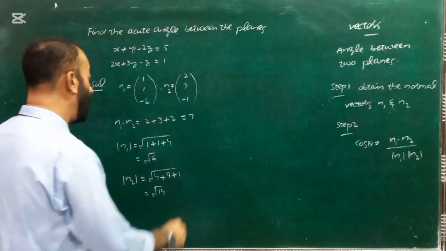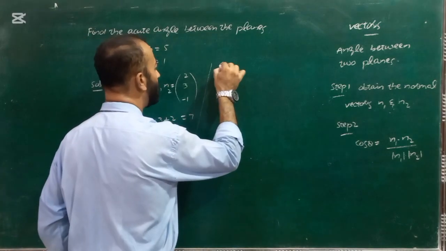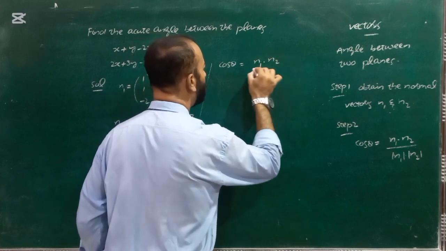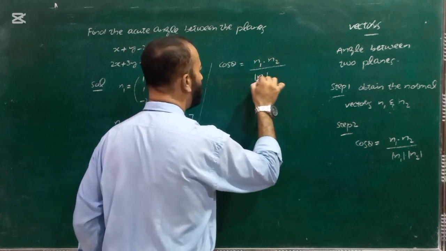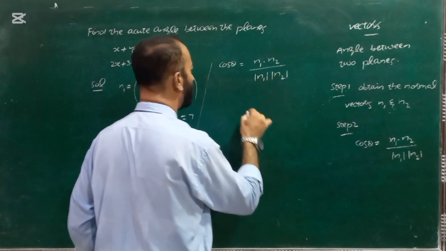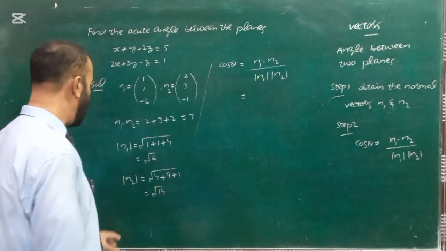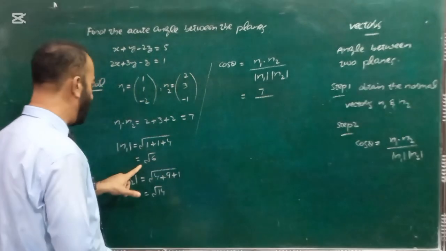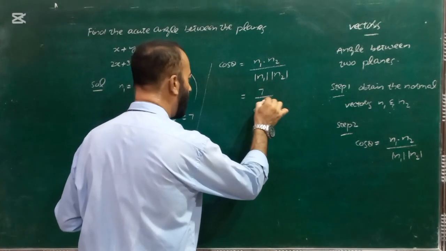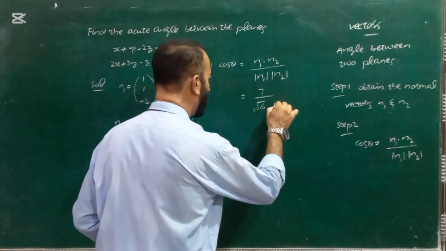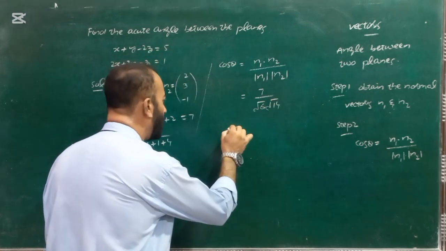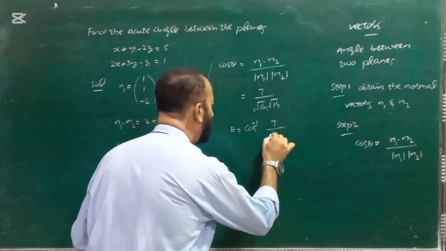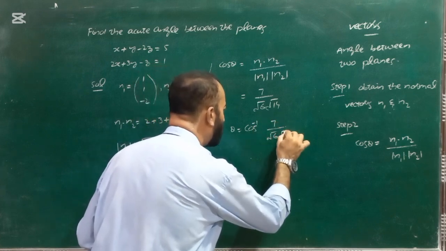And finally, putting the values into the formula. First we will write the formula: cos theta is equal to n1 dot n2 over n1 magnitude into n2 magnitude. Now we put the values in. n1 dot n2 is 7, over n1 magnitude, square root 6, and n2 magnitude, square root 14. So theta will be equal to cos inverse of 7 over square root 6 into square root 14.